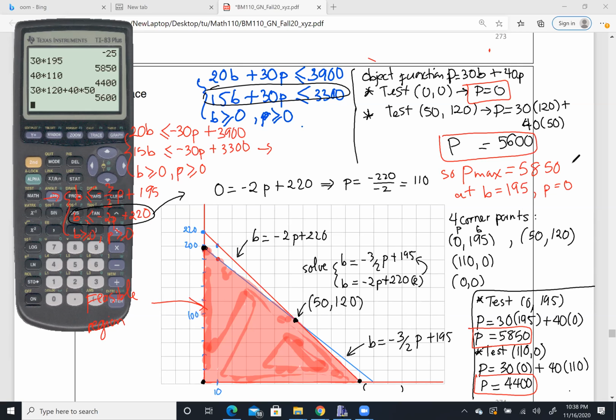Okay, so that will be the maximum for p, and that's also going to be the solution of this problem.